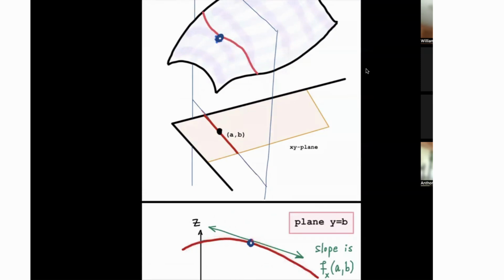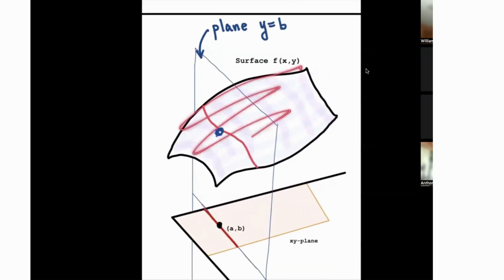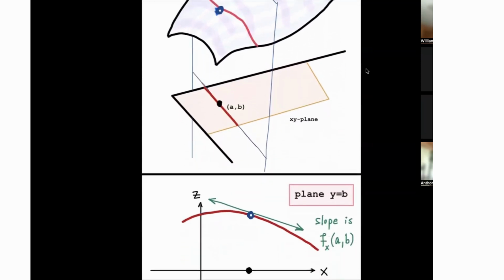Well, if we want to look at the partial derivative, it's going to be given now by the slope of the tangent line in this one-dimensional situation. So what we've done in effect is taking a two-dimensional surface, and then by intersecting it by another two-dimensional surface, this plane, we end up getting a curve, which is one-dimensional.